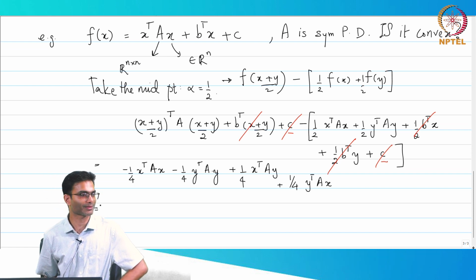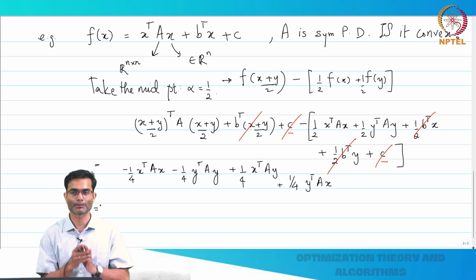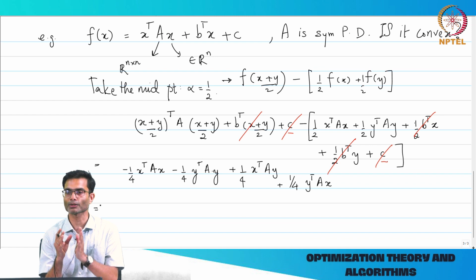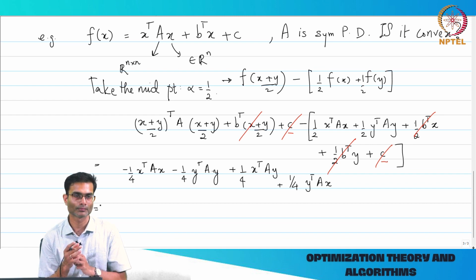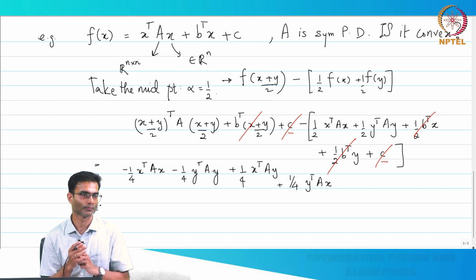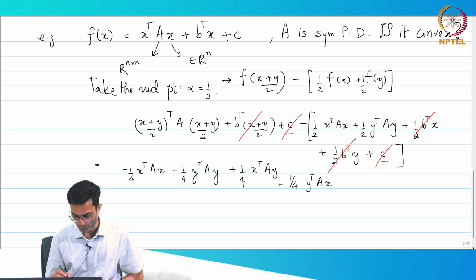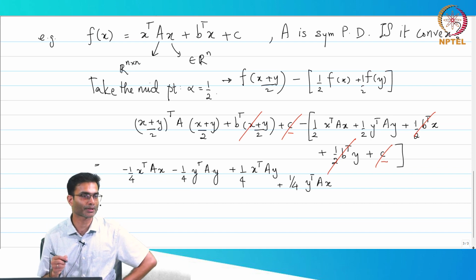Can I combine this? So far, it doesn't look like something very interesting, but can you see a nice way of combining, making it into only one term with the A sitting in the middle? Very good. And what about the coefficient of this combination?